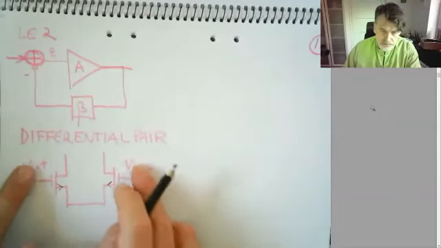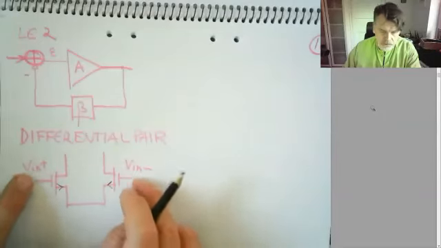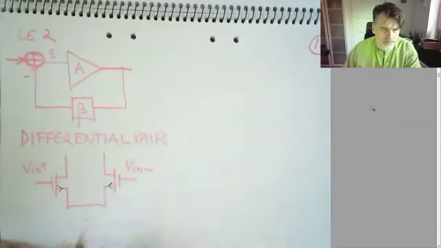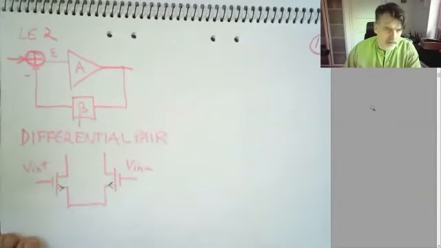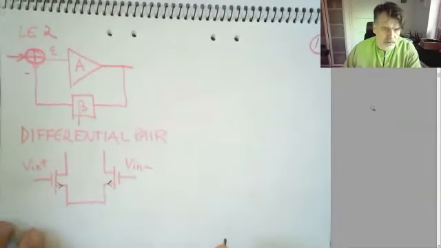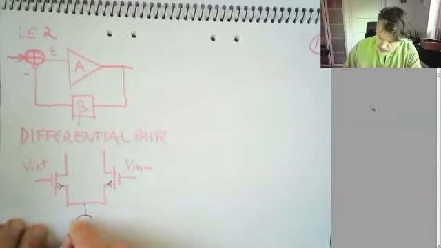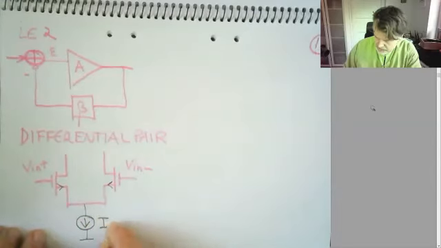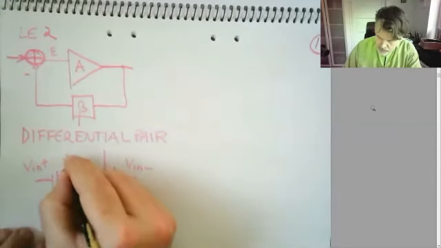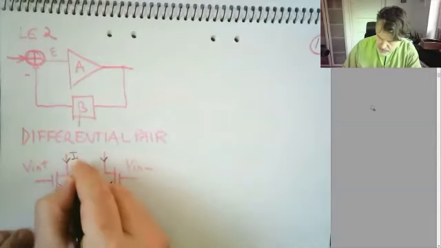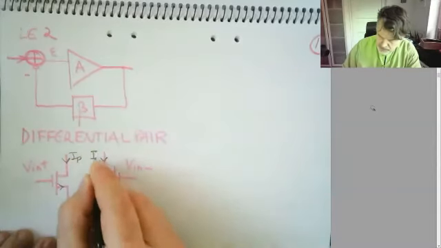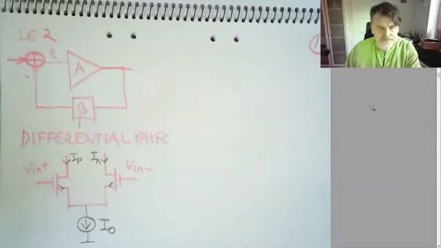I'm not suppressing the common denominator of these two inputs. I have to glue them together in order to create this difference operation. And I'll do that with a current source at the bottom with a fixed current. And then I get IP and IN currents coming out here.